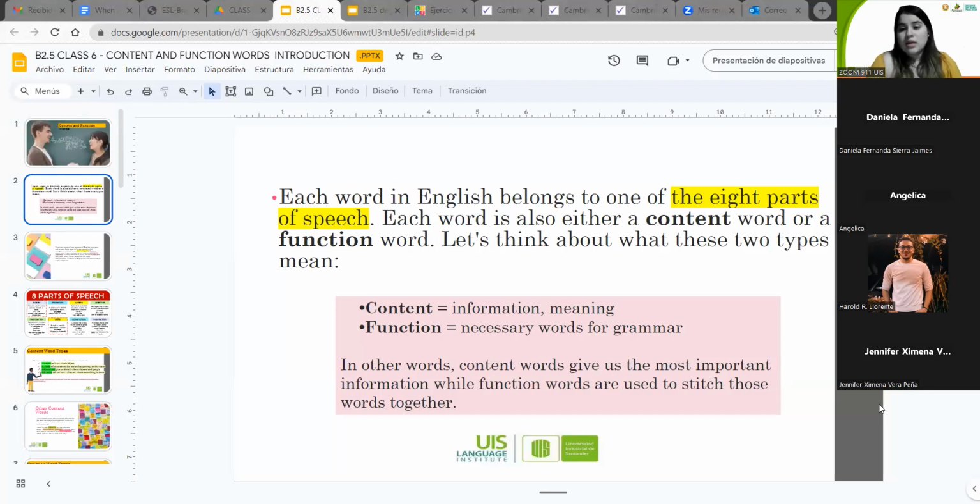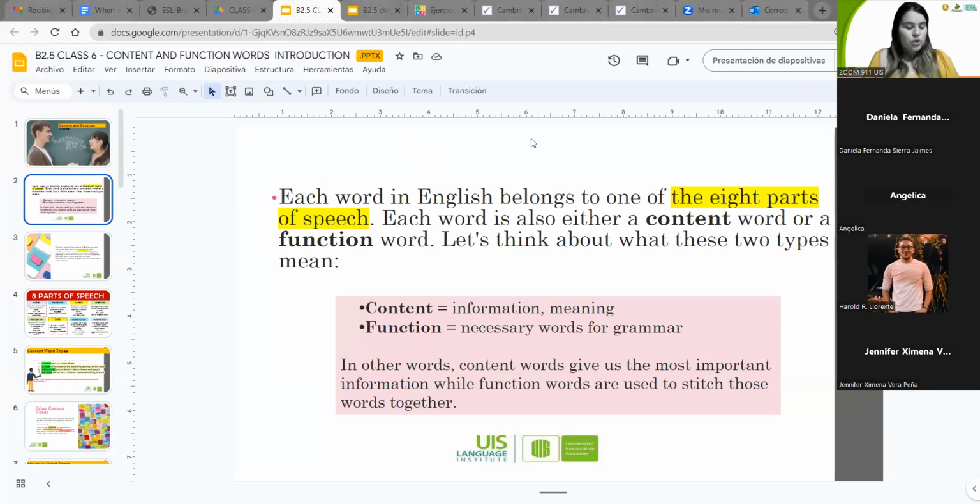So in other words, content words give us the most important information, while function words are used to stitch those words together. Do you guys remember about this? Yes. So I think I gave you this example.